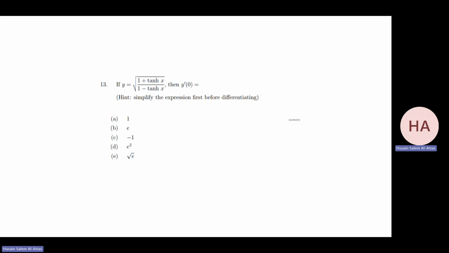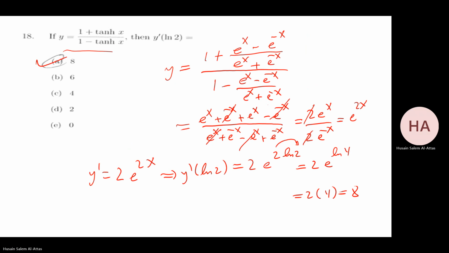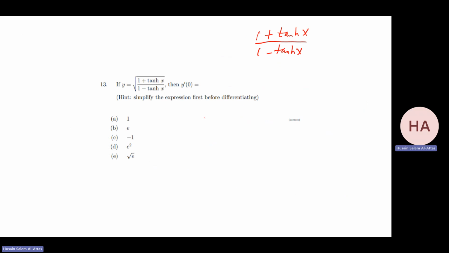Y equals this, find y prime. I need to do this. You notice 1 plus tanh x over 1 minus tanh x. We did it before, the same one. I'm getting e to the power 2x.